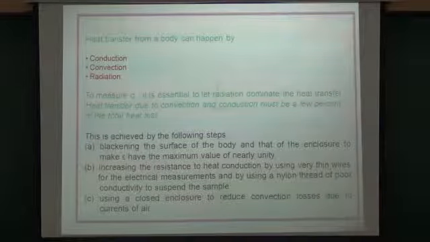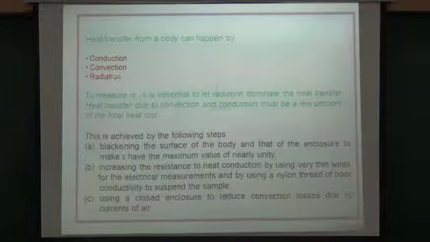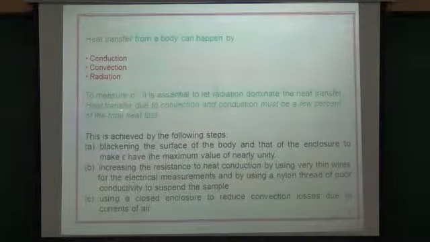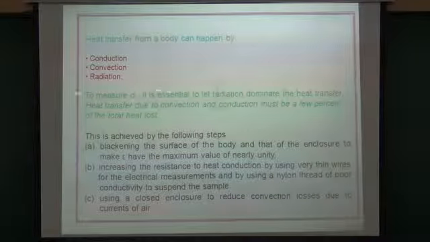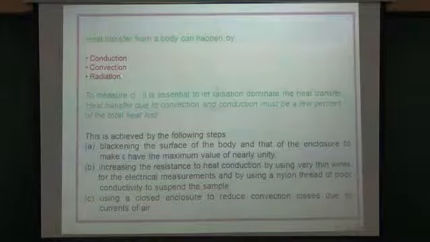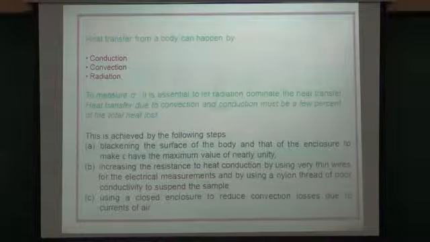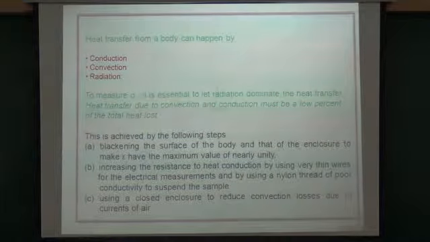Now again, the heat transfer from a body can happen by these three mechanisms: conduction, convection, and radiation. If we want to measure sigma, Stefan's constant, it is essential for the radiation to dominate the heat transfer, and we have to get rid of basically the conduction and convection. So this can be achieved by the following steps.